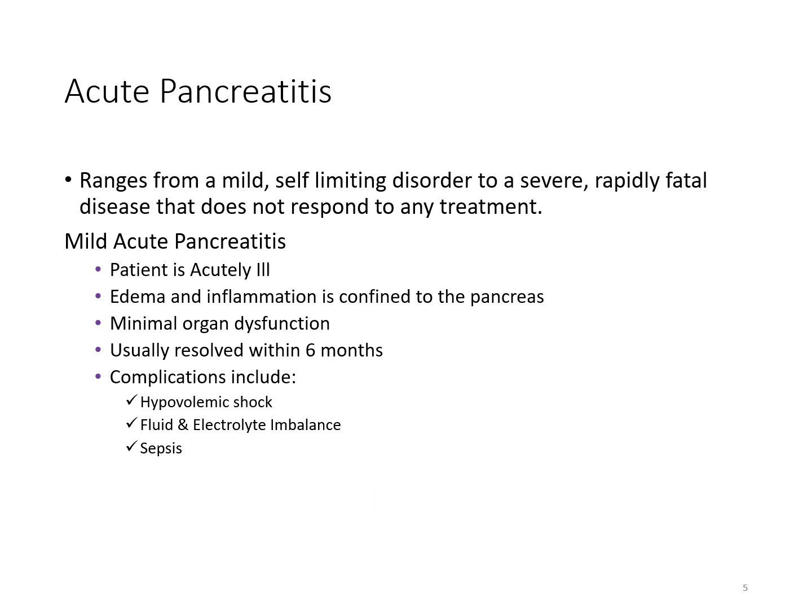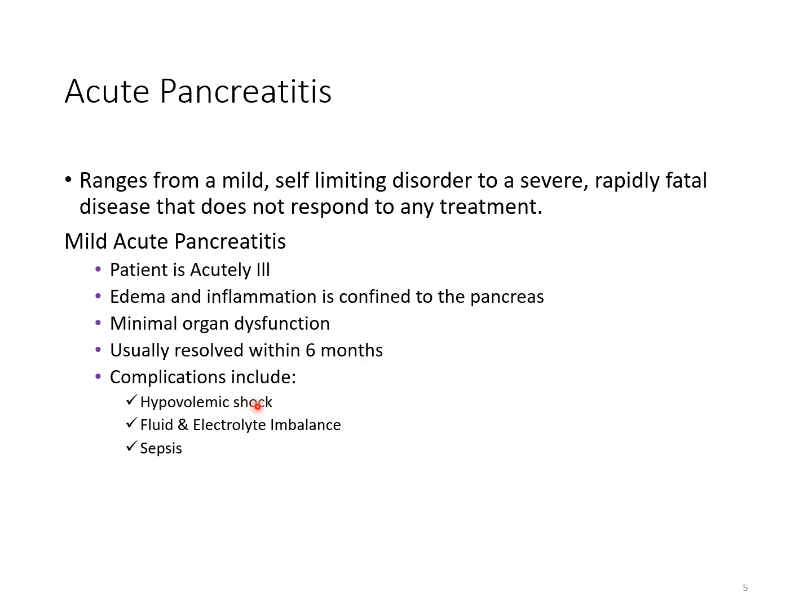All right. So for the acute pancreatitis, like I said, they've decided to call it either mild or severe. So under mild, they're saying the patient is acutely ill. You're going to be seeing things like edema and inflammation, but they're basically confined. That's a key word. They're confined to the pancreas. So there's minimal organ dysfunction, in particular of other organs. Can resolve within 6 months.